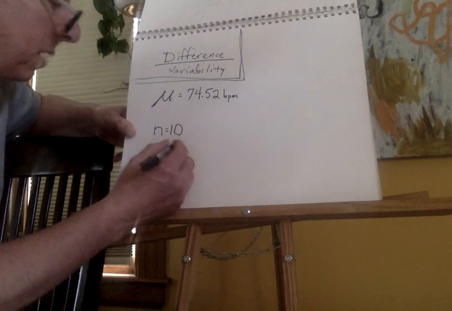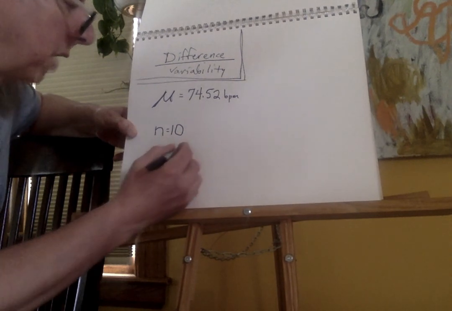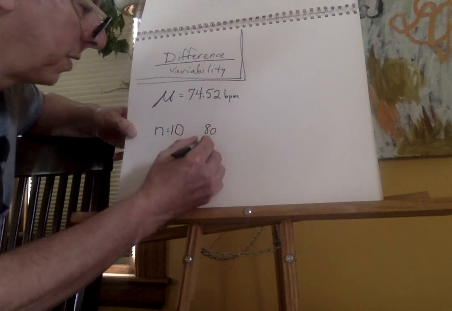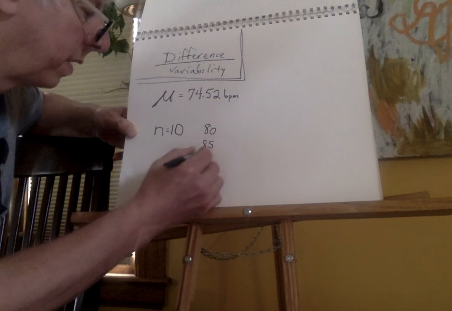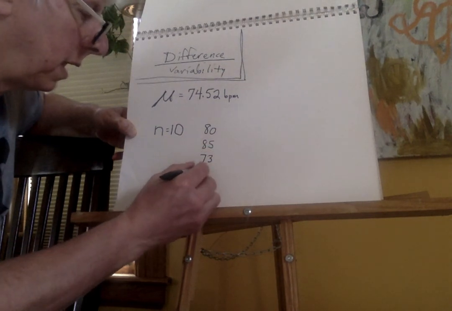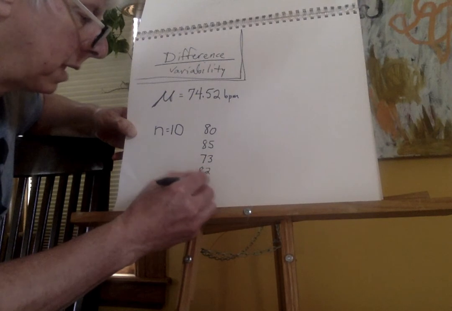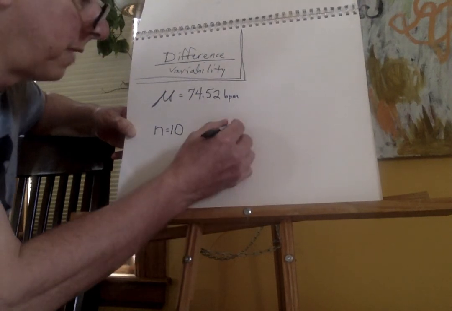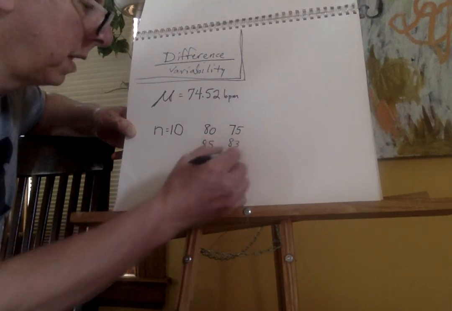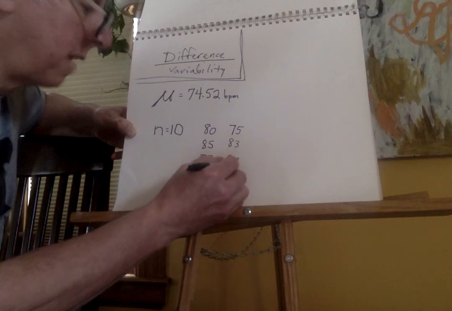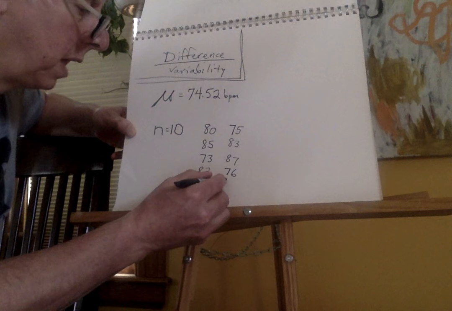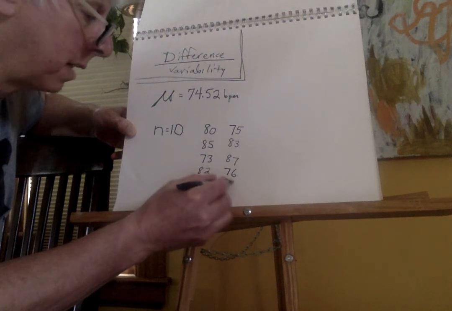Okay, and let's suppose we saw these for the heart rates. 80, and I'm just making this up. 85, 73, 82, 90, 75, 83, 87, 76, and 89.